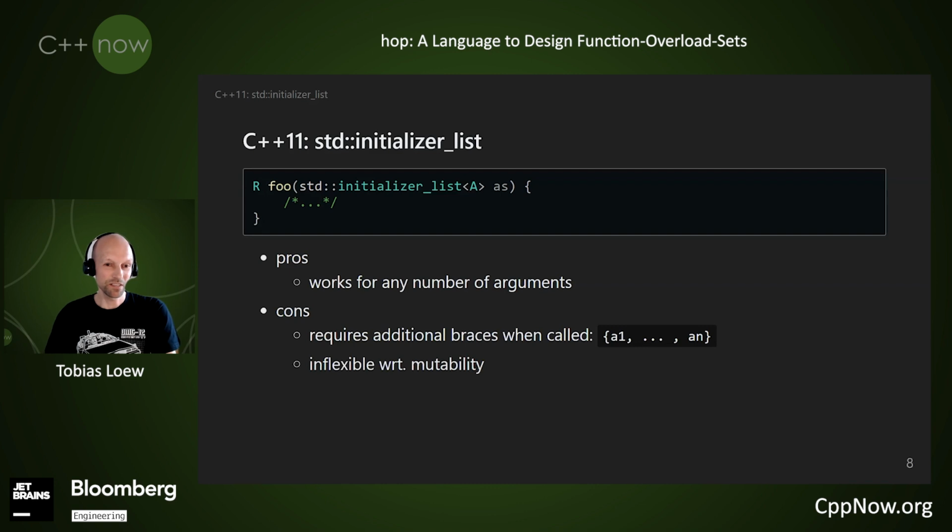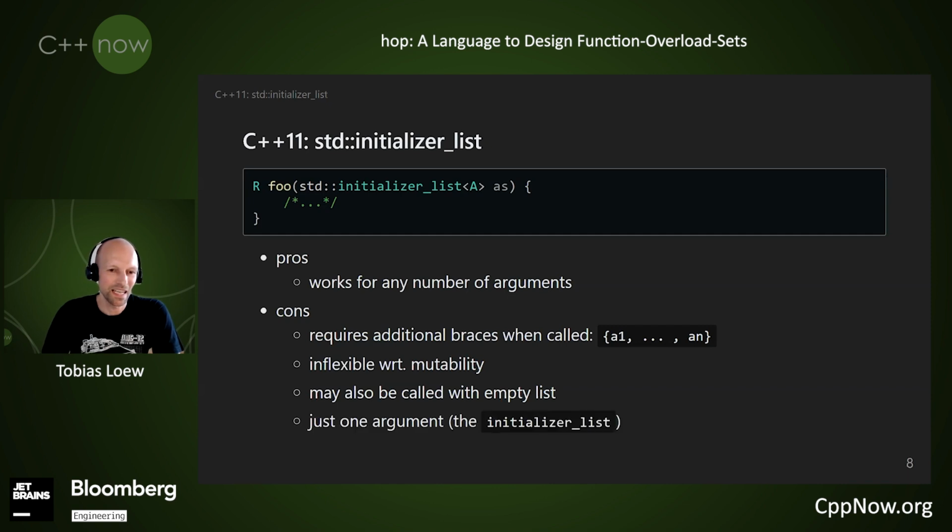It's quite inflexible with respect to mutability, or you have to use something like a std::reference_wrapper. And it may also be called with an empty list. And it's just one argument for the compiler, this single argument std::initializer_list. So it has different syntax with respect to overload resolution.